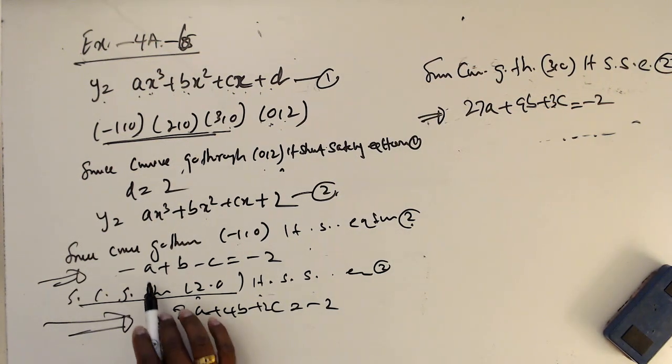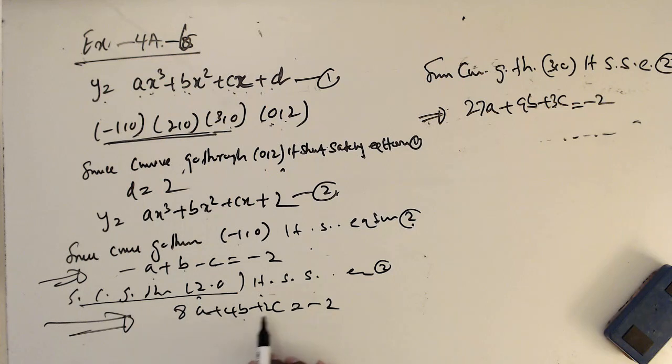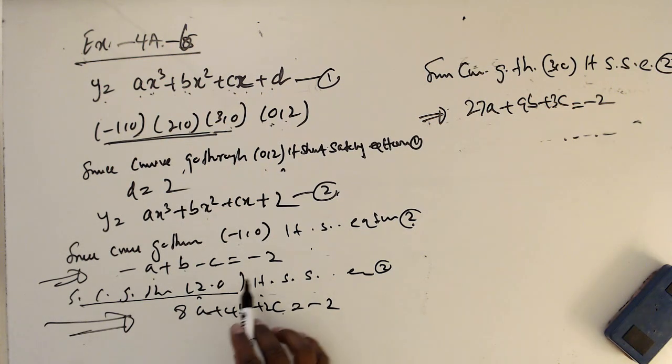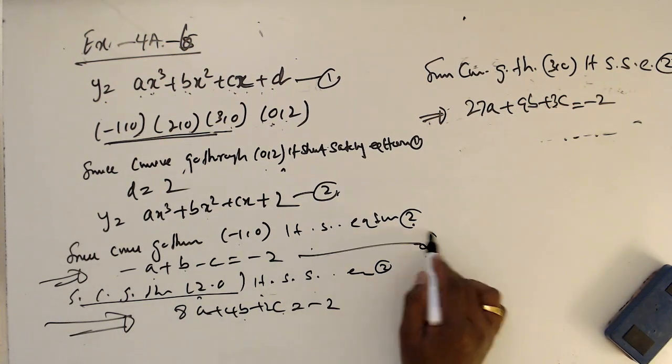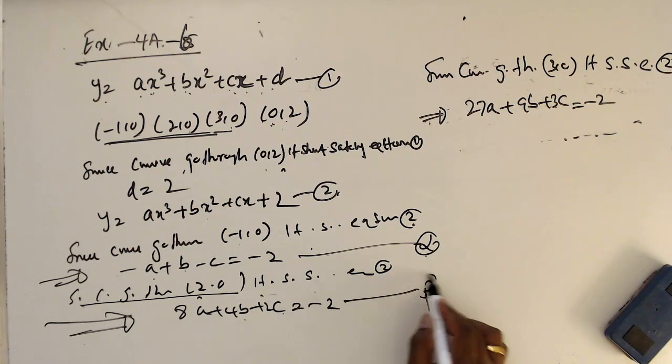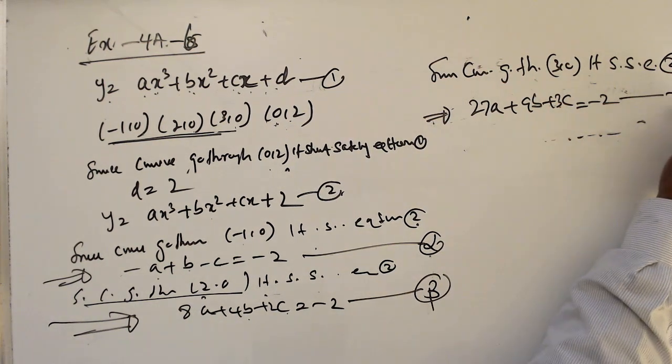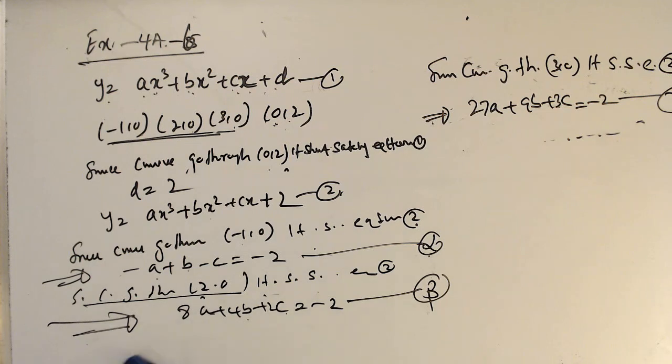Now how many unknowns? A, B, C. 3 unknowns, 3 equations. The first equation is alpha, the second one is beta, the third one is gamma. So using alpha, beta, gamma, you have to solve these 3 equations and find the unknowns.